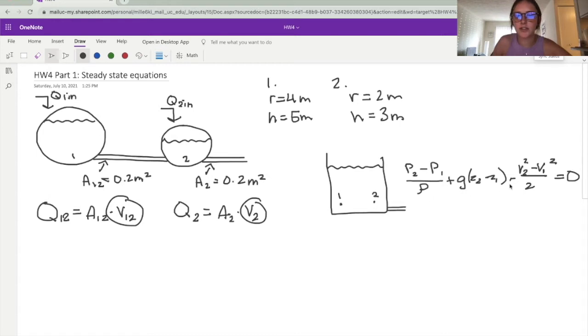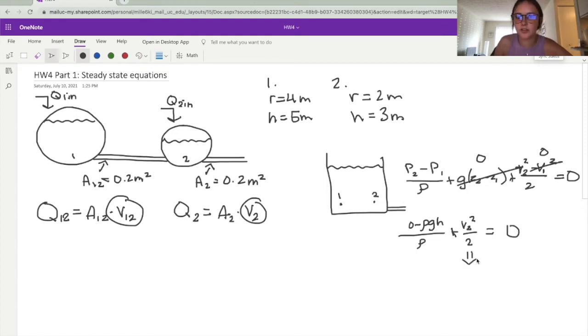Since these are at the same height, we can get rid of this, that's 0. The velocity at 1 is also 0. So we are left with 0 minus the pressure at 1, which is density times gravity times height, over density, plus V2 squared over 2, equals 0.